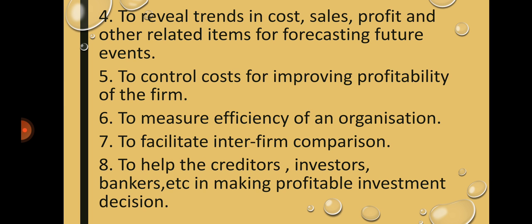Next one, to reveal trends in cost, sales, profit and other related items for forecasting future events. We can forecast future events with the help of ratio analysis, because it reveals the trend in the cost of goods and the trend in the sales of the firm, like how well the firm is able to maintain consistency in increasing sales and profitability.